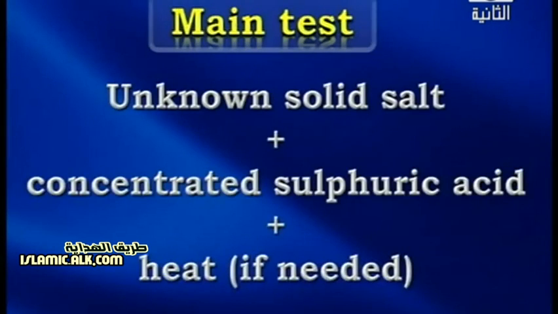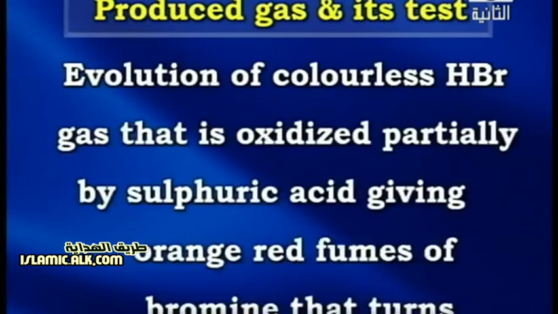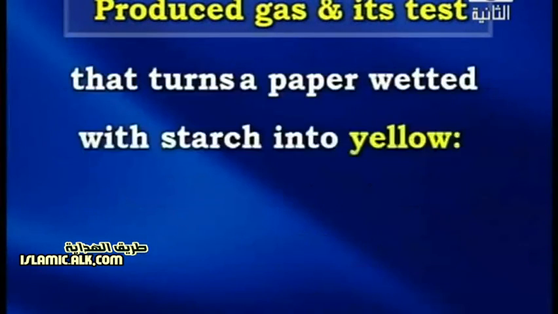Here the main test is the unknown solid salt plus concentrated sulfuric acid plus heat if needed. Here is the produced gas. Here is the evolution of colorless hydrogen bromide gas that is oxidized partially by sulfuric acid, giving orange-red fumes of bromine that turns paper wet with starch yellow.